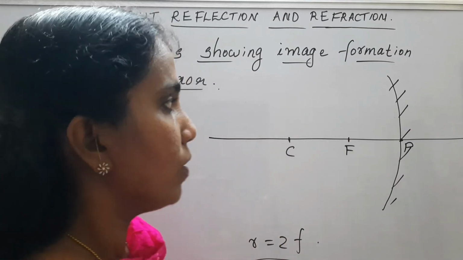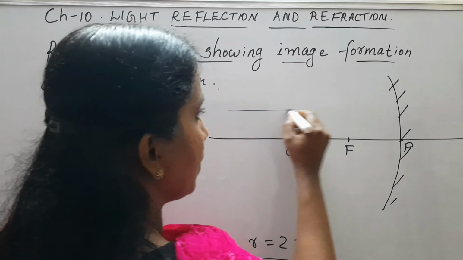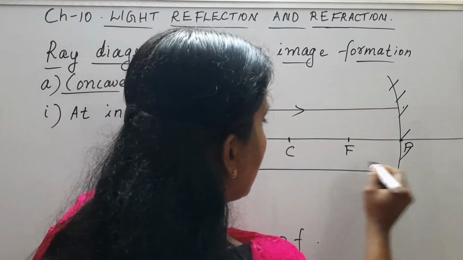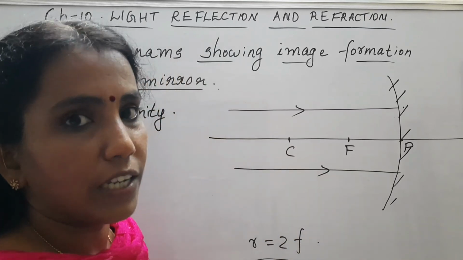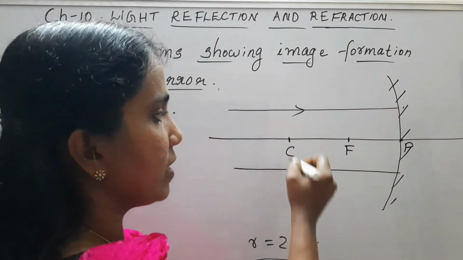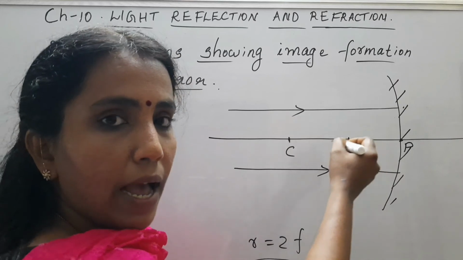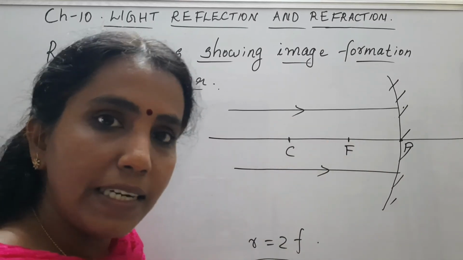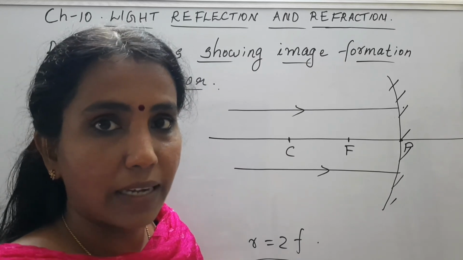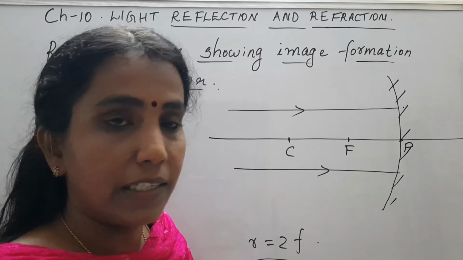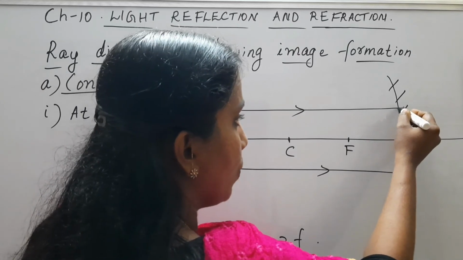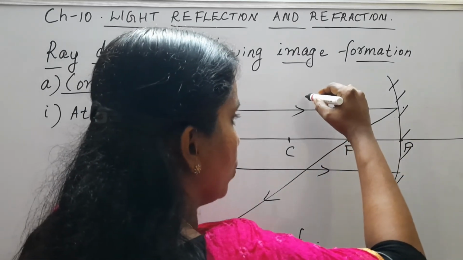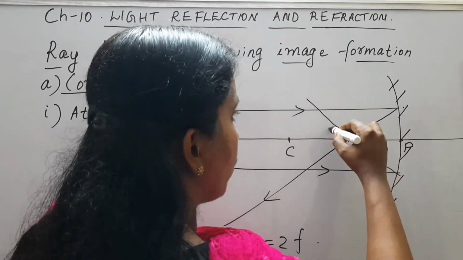So from the object at infinity, we assume 2 incident rays which are parallel to each other and parallel to the principal axis. If the incident ray is parallel to the principal axis, what about the reflected ray? The reflected ray should pass through the focus. So that's what we have drawn.